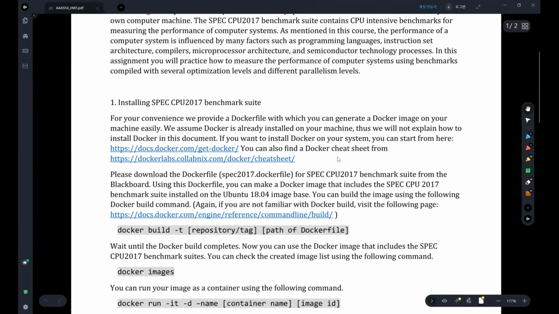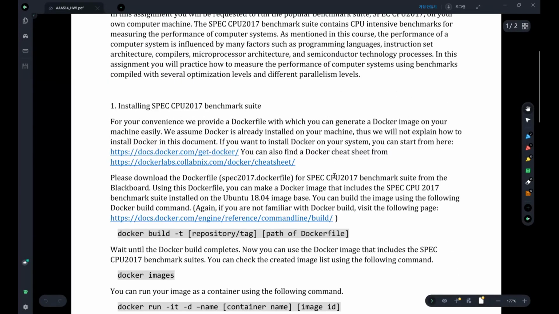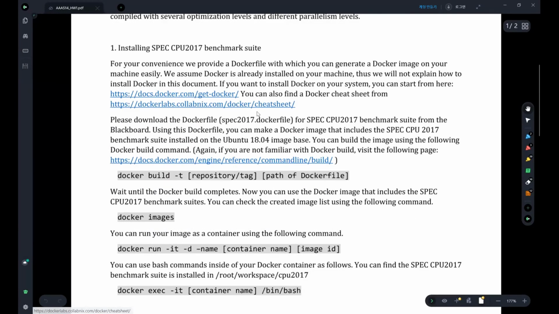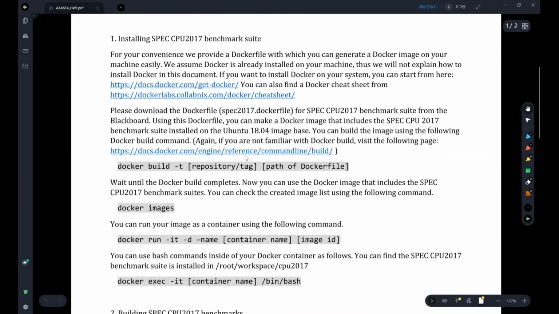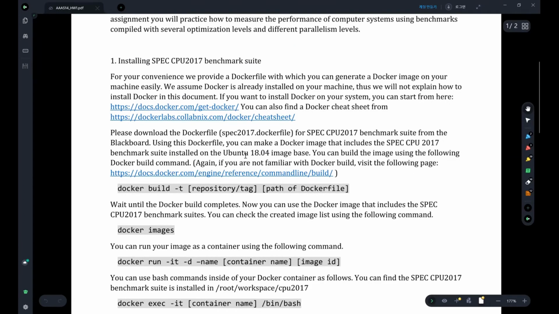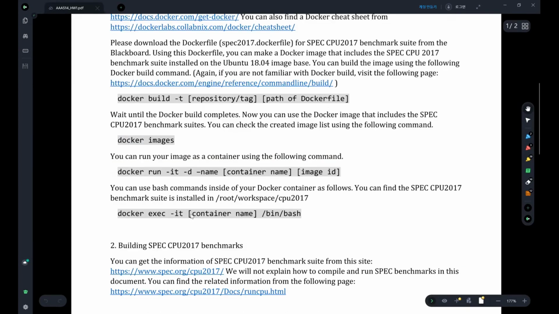But if you are not familiar with how to use Docker, in this document I do not explain how to use Docker. So you can visit the Docker website. Actually it's easy. You can build a Docker image, run the Docker image, and also execute the bash shell using this Docker command.